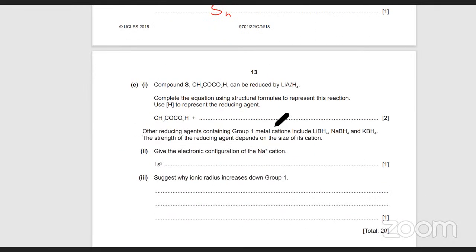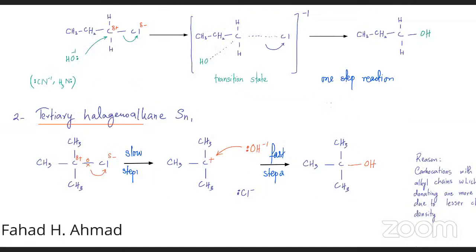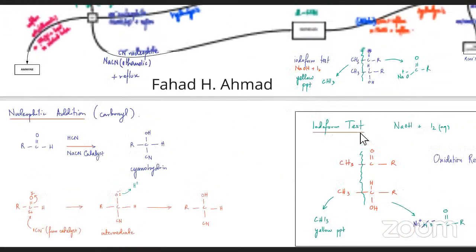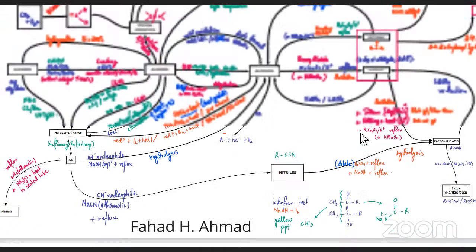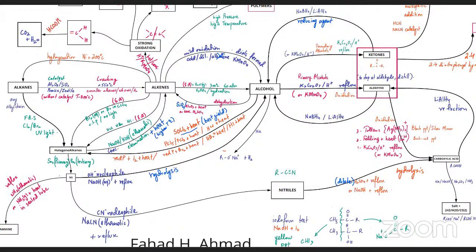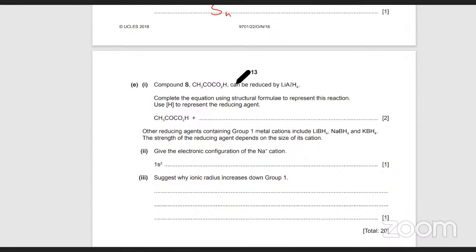Then he's saying that this is a ketone and a carboxylic acid. Remember, both ketones and carboxylic acids get reduced. The carboxylic acid gets reduced and the ketone also gets reduced. They all get reduced back to alcohols. So here he's reducing it, to complete the equation using structural formulas to represent this reaction.